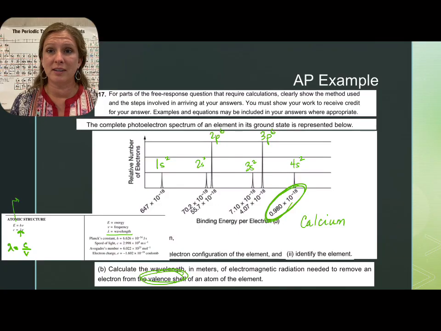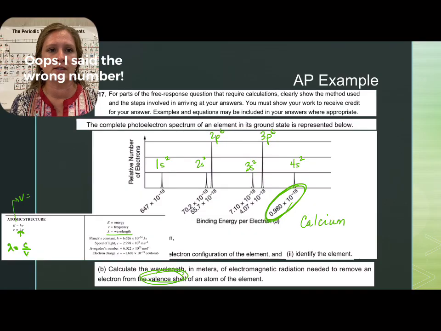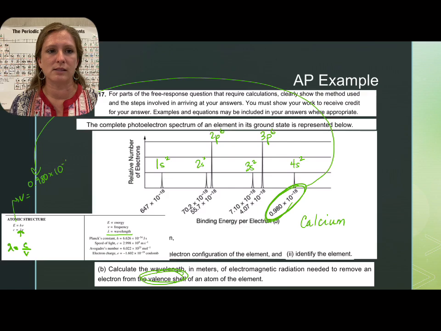Well, we could calculate the frequency using the first equation. We know the energy, so we plug that in, 6.47 times 10 to the negative 18 equals Planck's constant, 6.626 times 10 to the negative 34 times nu. We solve for nu. Then we can use the second equation, which has c equals wavelength times frequency, and c is the speed of light, which is another constant.